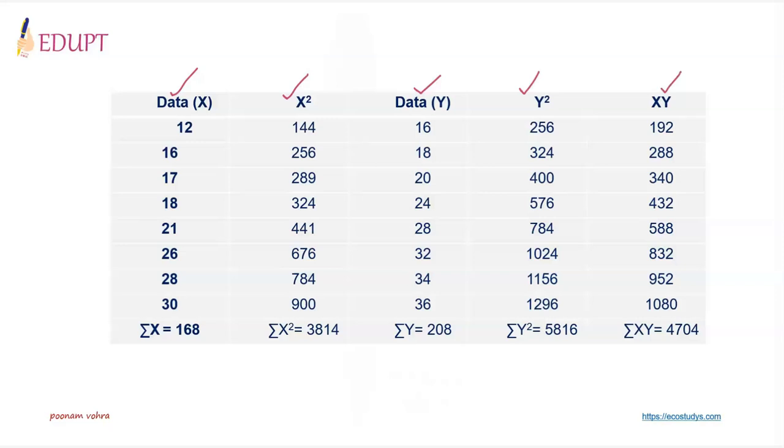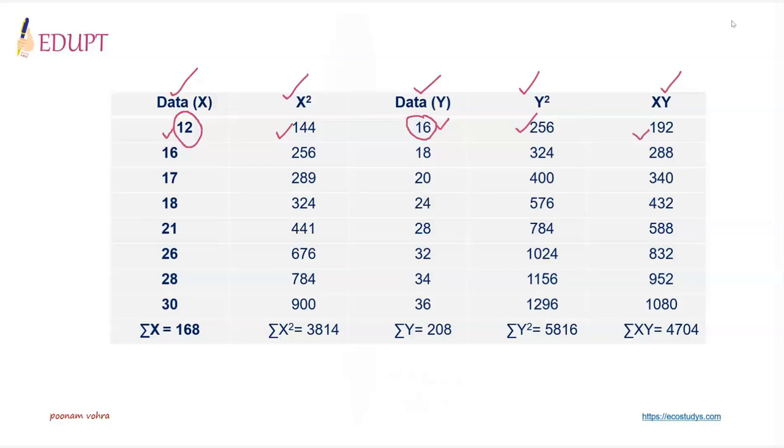Let us understand. The first value is 12. So far as variable x is concerned, you square it, which makes it 144. Similarly, for variable y, the value is 16. Squaring it is 256, and then you multiply the values of x and y, that is 12 multiplied by 16. You get 192.